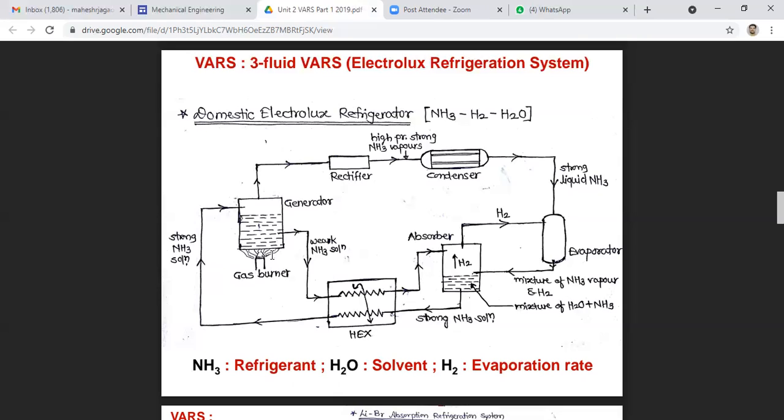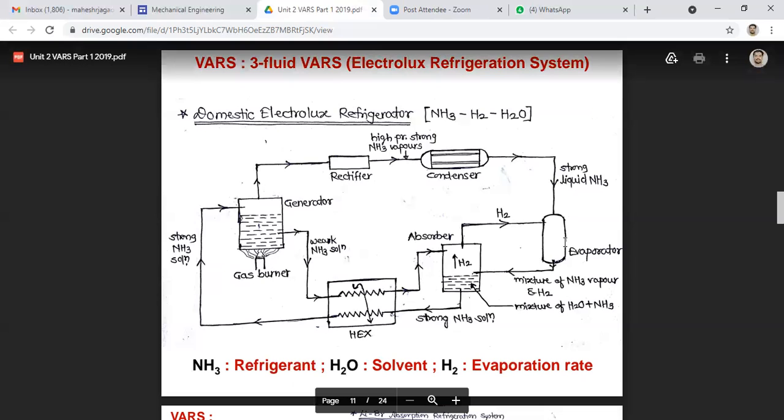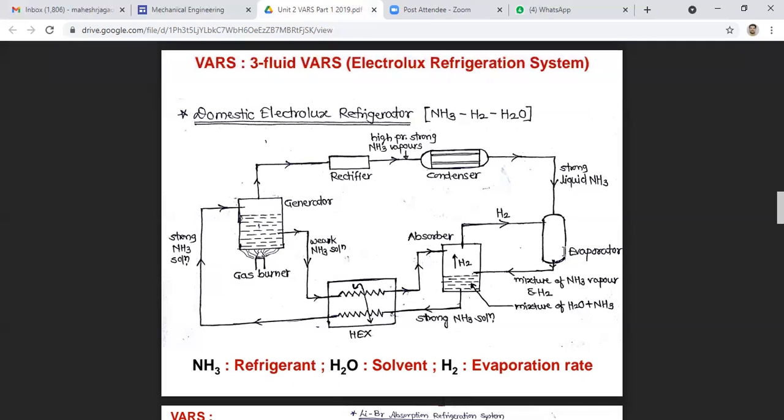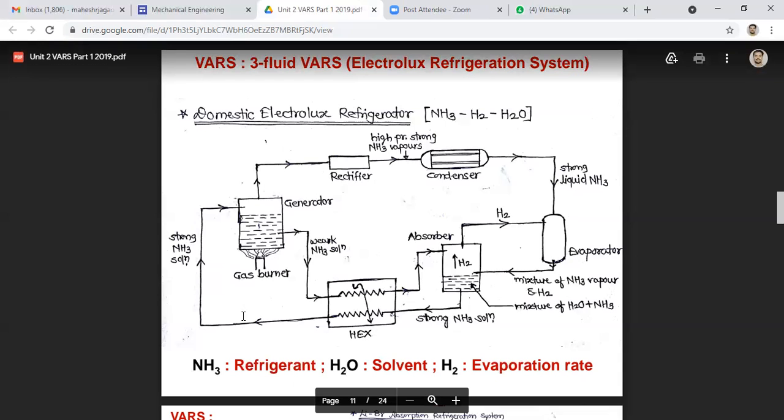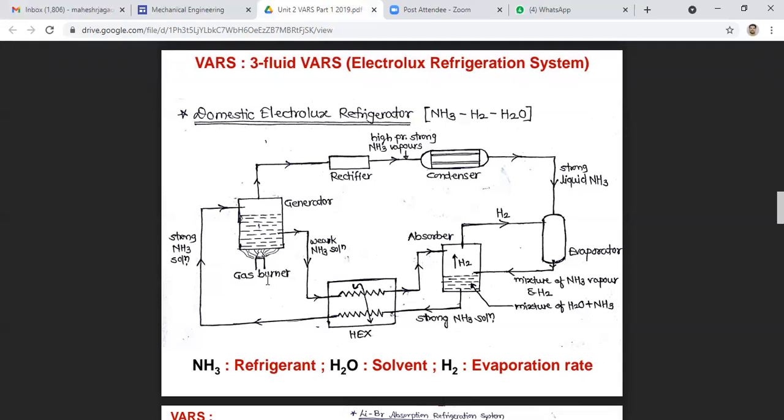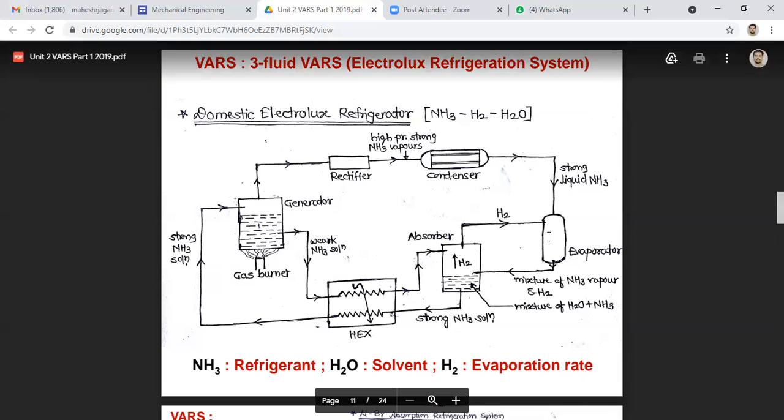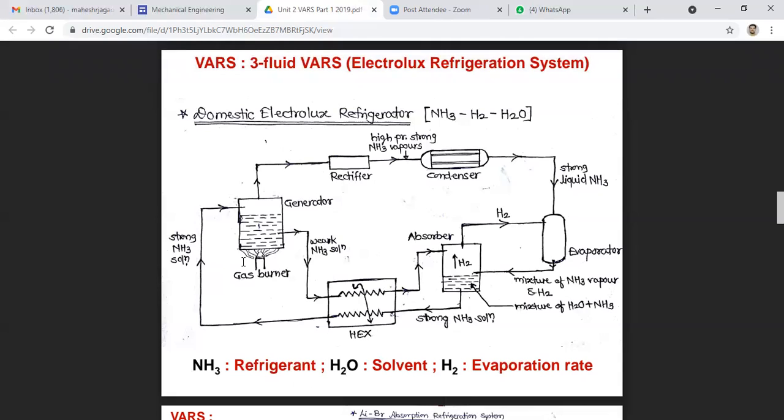In previous cases, we used the pump input plus the generator input as the total input, and got the evaporator as output. But as there is an absence of the pump here, the COP of this system is the heat absorbed in the evaporator to the heat supplied in the generator.